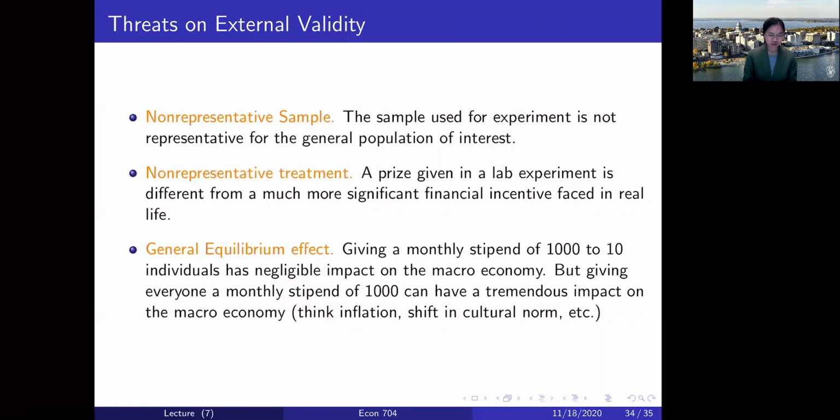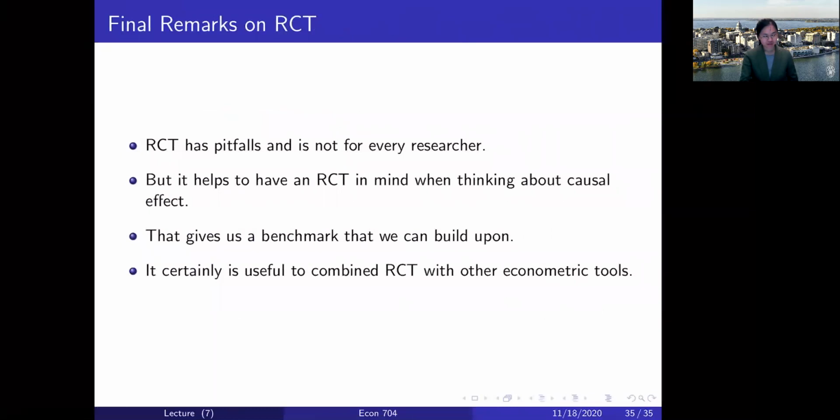Well, I don't have a solution to all of these problems, and there is no general solution to all of the problems. But these are things that we should be aware of when we study or interpret the results of a randomized control trial. Final remarks on RCT.